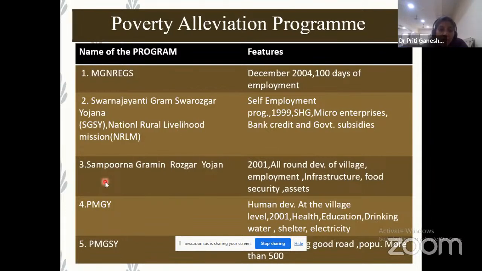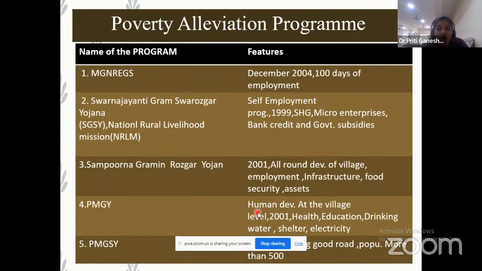Third important program is what? Sampurna Gramin Rozgar Yojana, started in the year 2001. The meaning is hidden in the name itself: Gramin, the village, providing complete employment and development to the whole village. So this was initiated by the government to develop the villages, which require all-round development of the rural area.